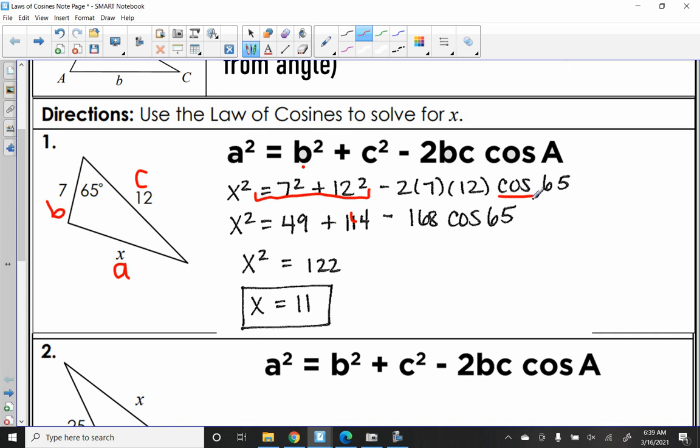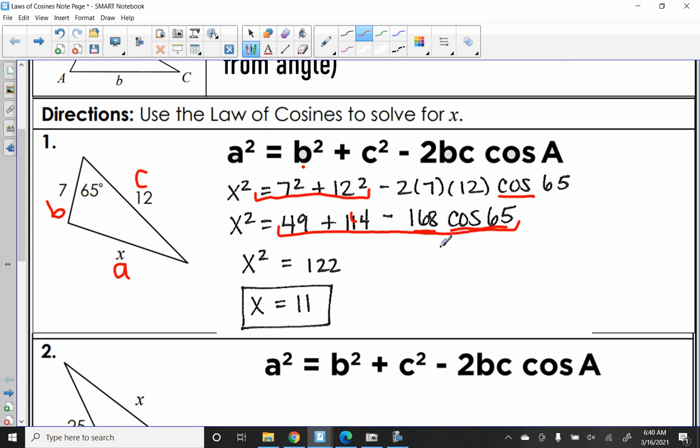So you'll just put that in your calculator: cosine 65 times 168. I put it all in my calculator once, and I'm doing it right now: 49 plus 144 minus 168 cos 65.